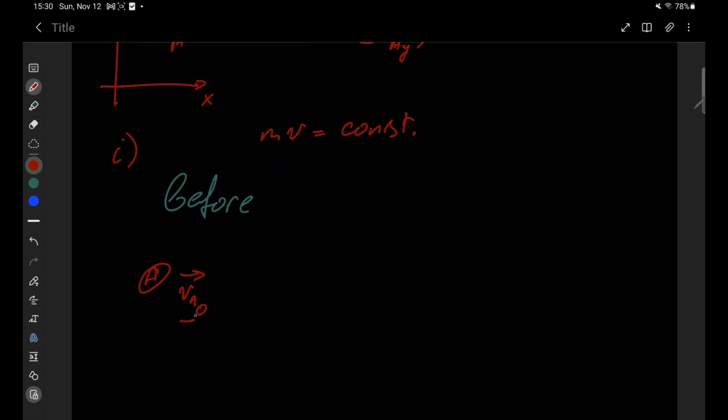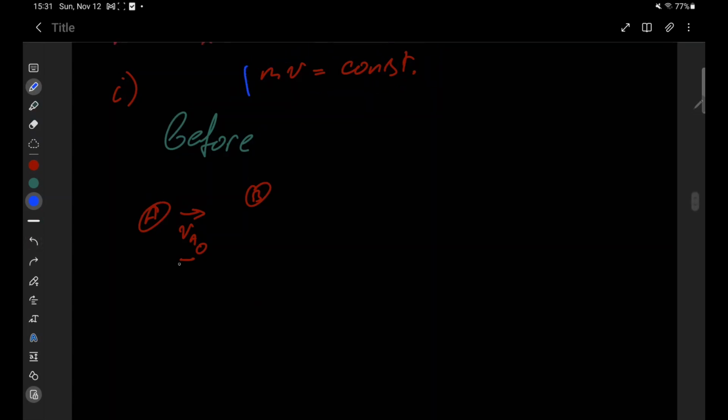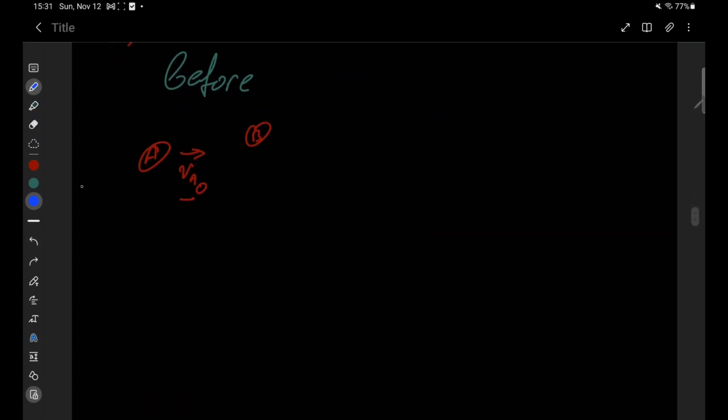And this is a vector. You can write it like this or like this. I will prefer it like this. And then B, the velocity of B was 0. Okay? So let's write this for before impact. Well, pretty simple.